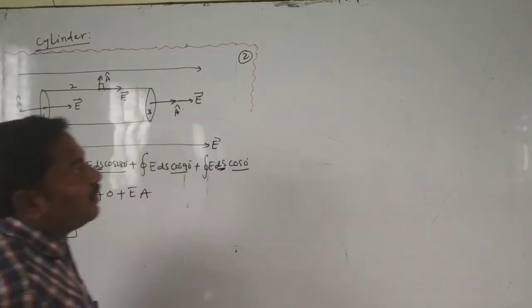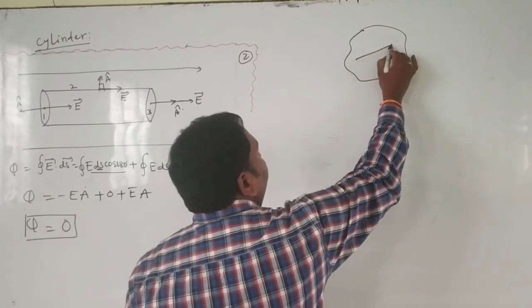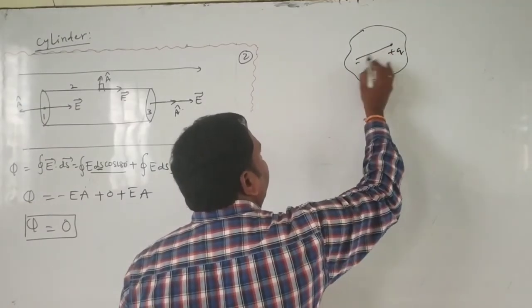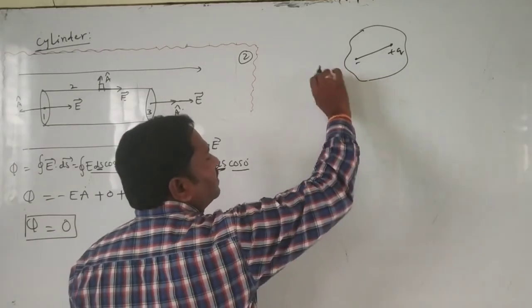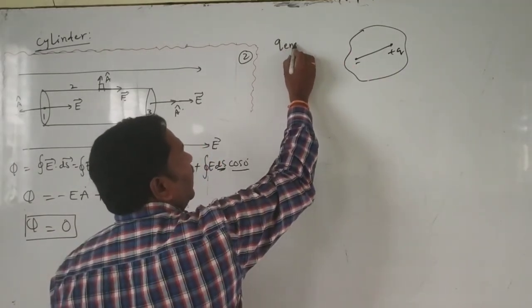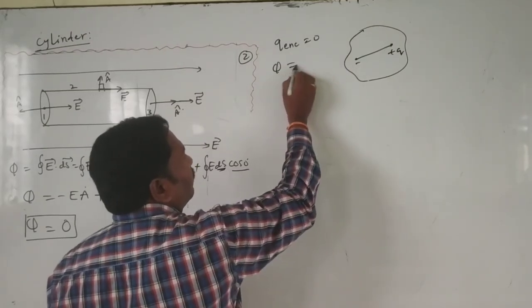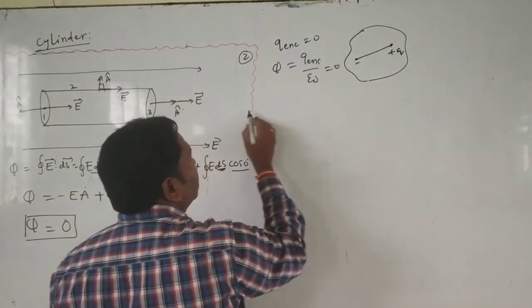Next is the second one. What is the electric flux linked with a dipole? When a dipole is placed within the Gaussian surface, the net enclosed charge is 0, so the flux, Q enclosed by epsilon naught, becomes 0.